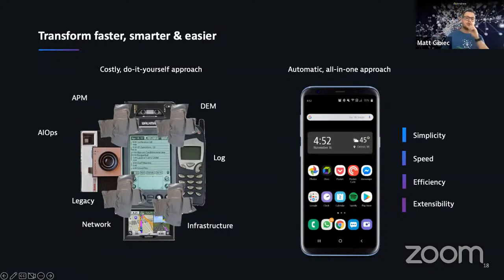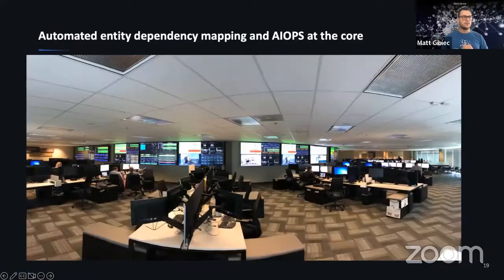Now, if you do go to this automated approach where you can leverage an observability platform, there are a couple of things that will change for you. One thing that will change is, I'm sure everybody's familiar with this picture here, right? It's essentially an AI apps command center where we're monitoring, and they have all these different screens out there.